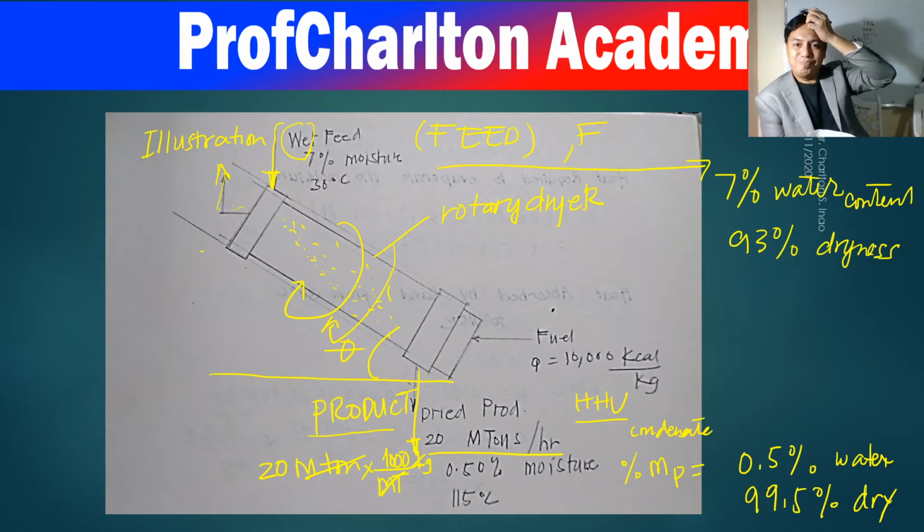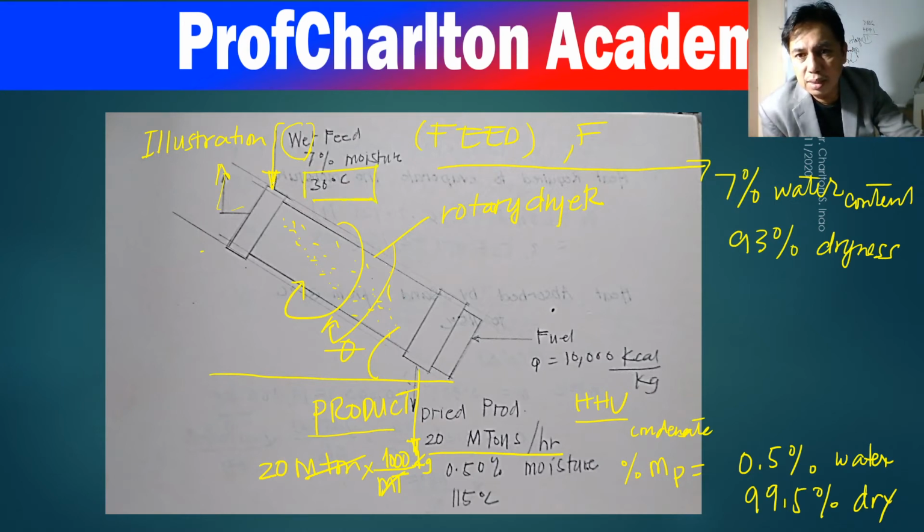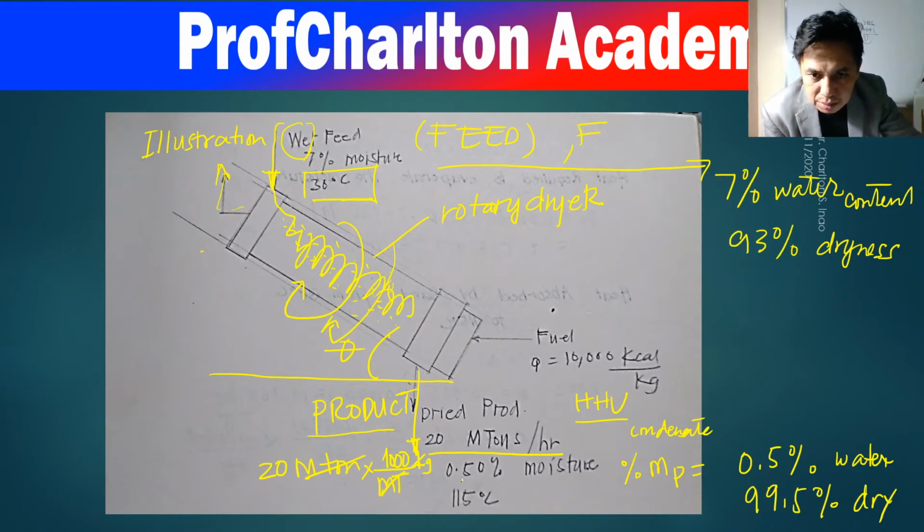Now here, the initial temperature of the sand is ambient, or within that range, 30 degrees centigrade. But once it passed through the rotary dryer, then it was discharged. It becomes 115.